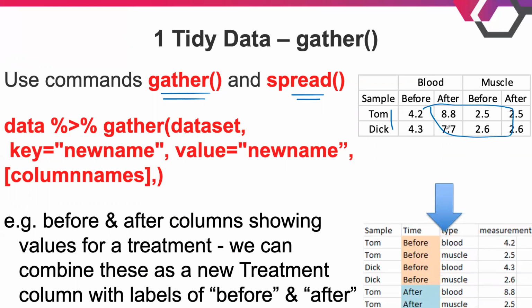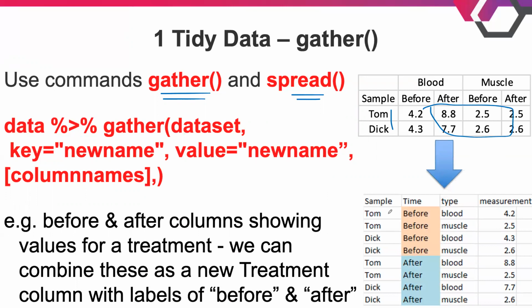If we gather together, basically what we're doing is turning it into Tom and Dick having a column with a time, a column with the source or type of measurement, and then the actual value at the end. So each value has one row. So Tom and Dick have multiple entries, the time has multiple entries, the type has multiple entries, but the measurement is only once. And to do this, we're sending our data to pipe it in to gather together.